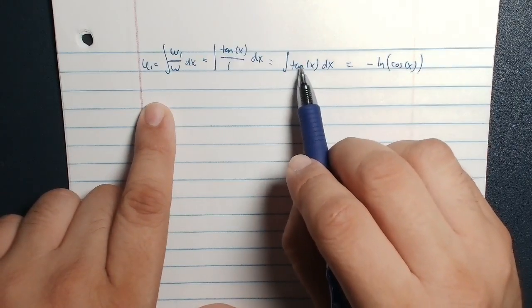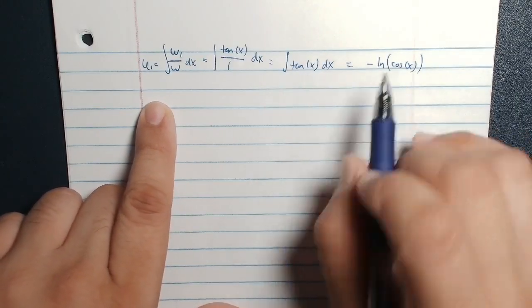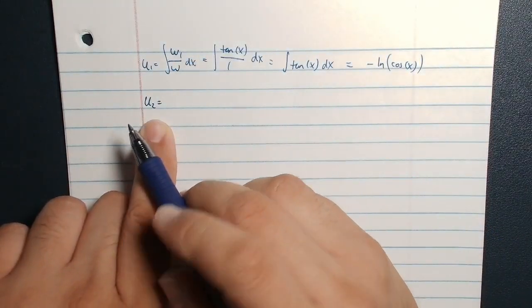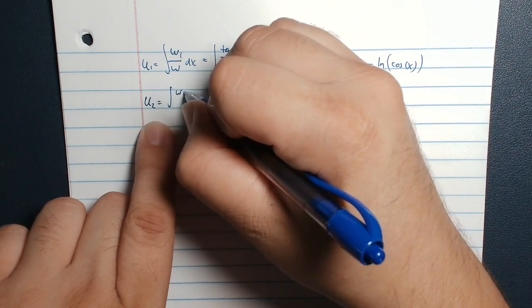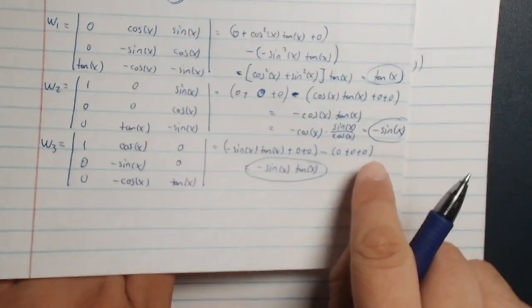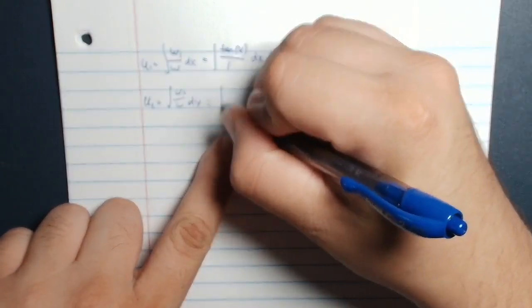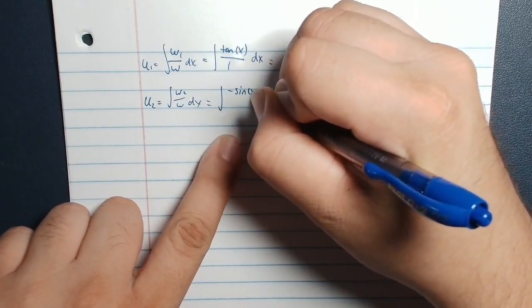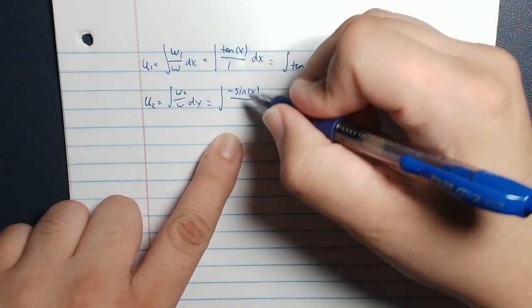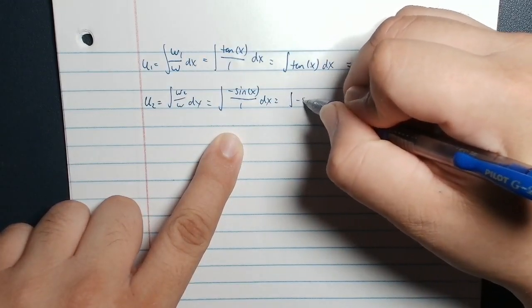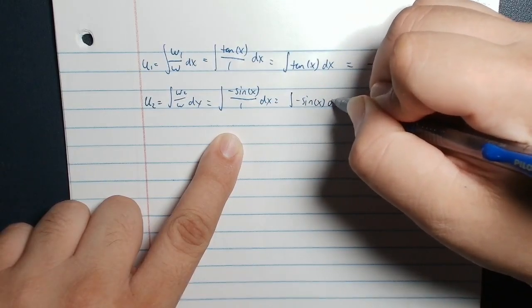Remember, secant squared is the derivative, not the antiderivative. Remember your Cal 1. Your U2 is going to be the integral of W2 over W. Our W2 was just negative sine of x. Integral of negative sine of x over 1 dx, which is the integral of negative sine of x dx.